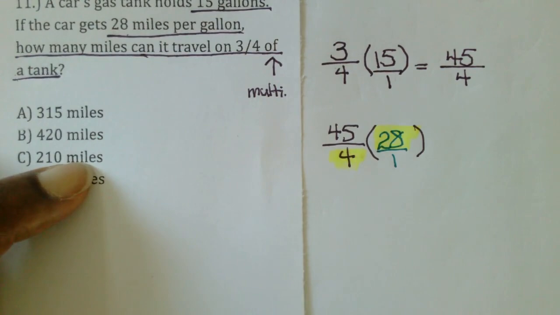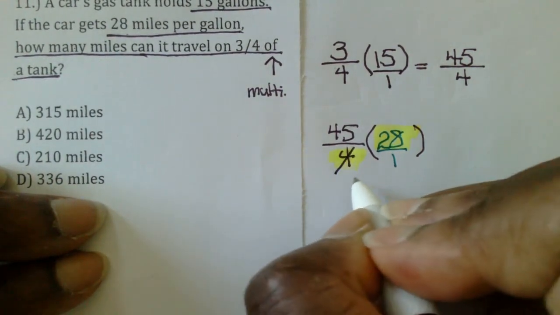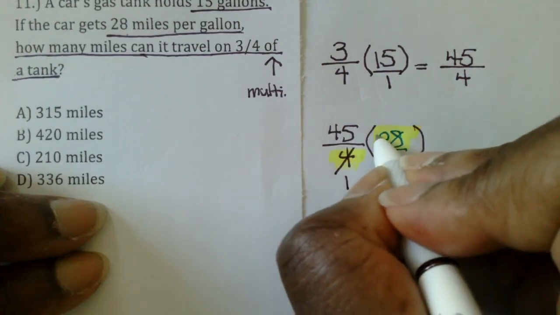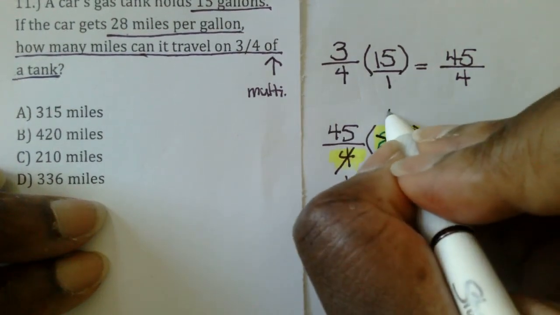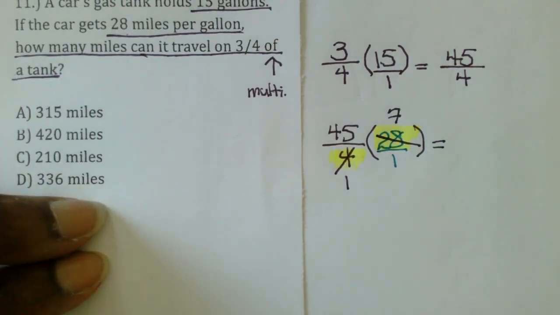Not 7, Austin. You're right there. There we go, Austin. We got 4. Good. 4. Okay? So then you have that. So if I wanted to reduce, I got 1. 28 divided by 4 will give me 7. And now, all you have to do is just multiply.